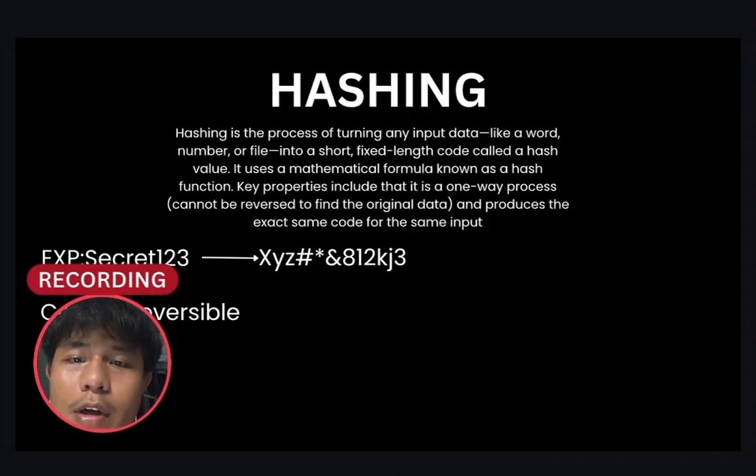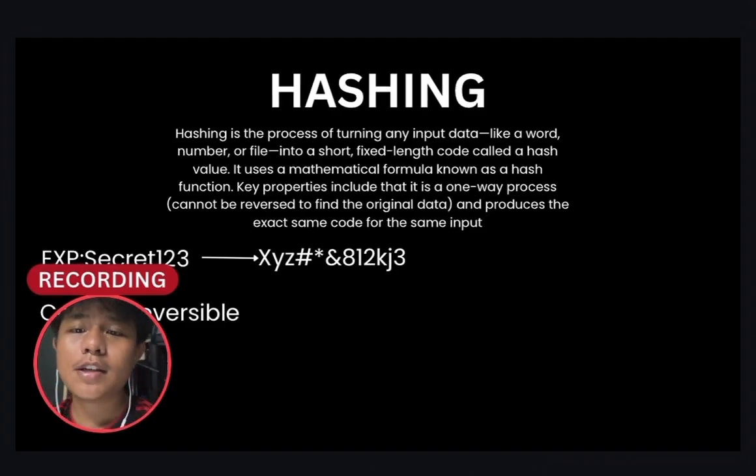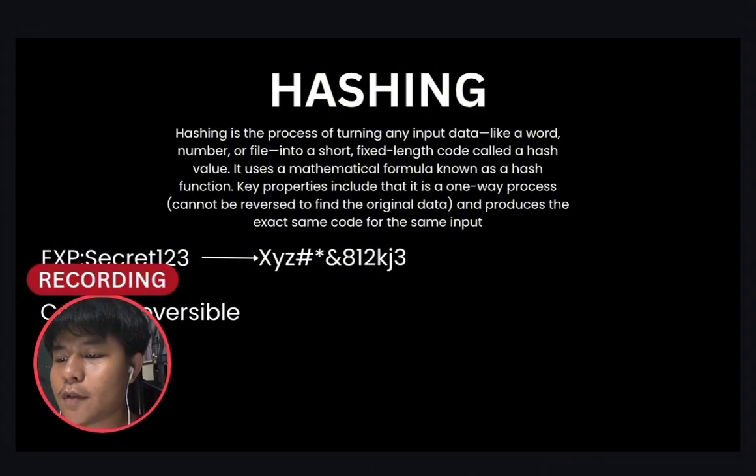So the final one is hashing. So what is hashing? Hashing is the process of turning any input data like a word, number, or file into a short fixed length code called a hash value. It uses a mathematical formula known as a hash function. Key properties include that it is a one-way process and it cannot be reversed to find the original data, and it produces the same code for the same input.